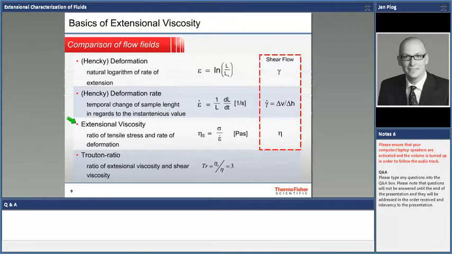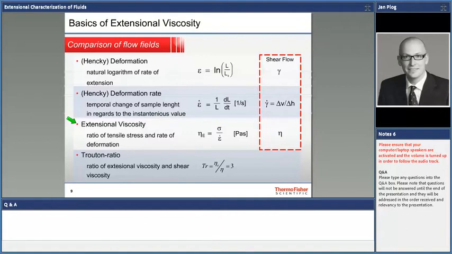Then, of course, a very important characteristic, and you will see that later on, is the extensional viscosity. Most of you know what the viscosity is, and some of you might be in the situation that engineers ask you for a certain viscosity of a certain batch, and then often you do the shear test to derive a viscosity at a certain characteristic speed.